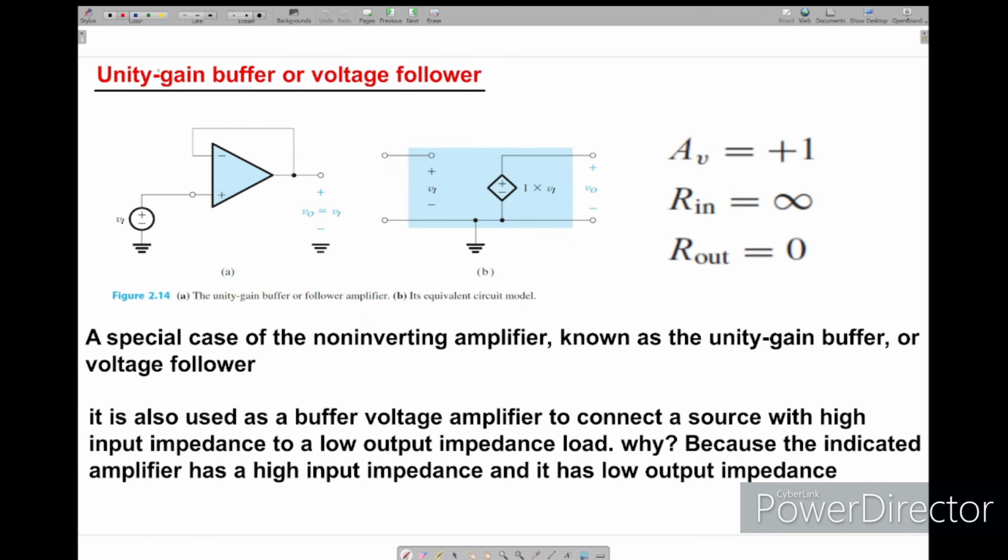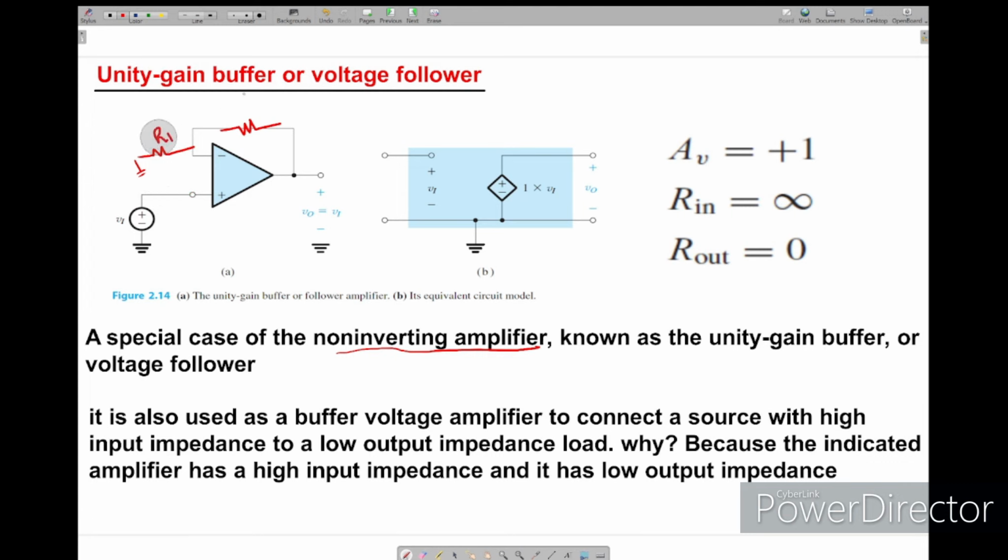The next topic is the unity gain buffer, or voltage follower. This is a special case of the non-inverting amplifier. Here we have R2 and R1.